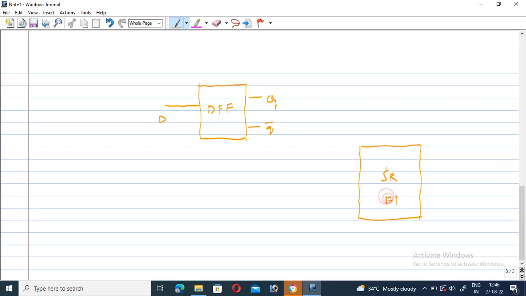SR flip-flop with S equal to D, and the complement of that value is given as the second input, Q bar. For this, every flip-flop must operate. If you want to operate the flip-flop, compulsorily you have to apply the clock signal. This is also important. This is a clock. Here also we are applying the clock signal.